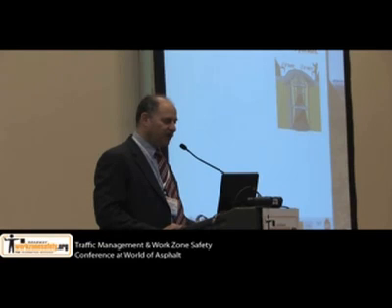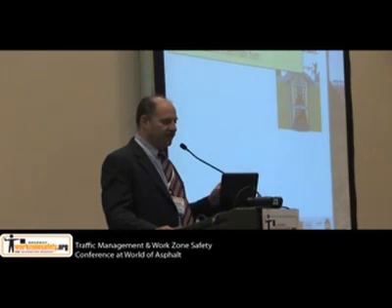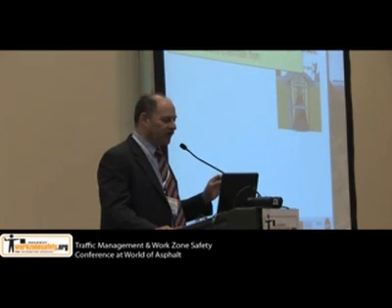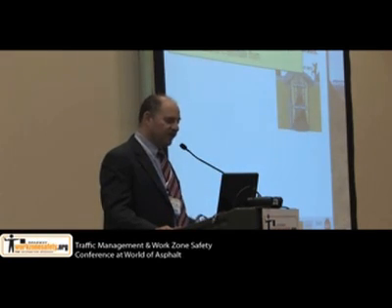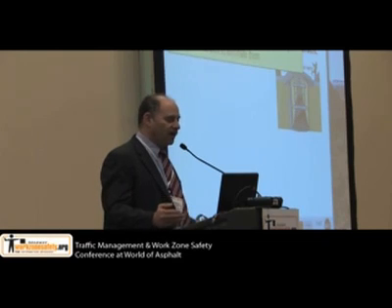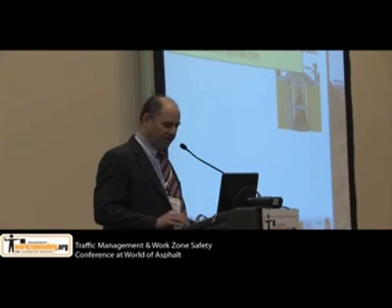Here's the requirement right here. A competent person is someone who is capable of identifying hazards or working conditions which are unsanitary, hazardous, or dangerous to employees, and who has the authorization to take prompt corrective actions to eliminate them. So a competent person is somebody who can stop the job if they see something that's not safe.